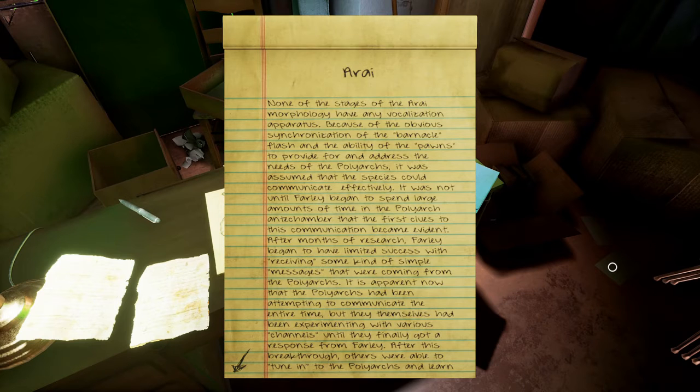After months of research, Farley began to have limited success with receiving some kind of simple messages that were coming from the polyarchs. It is apparent now that the polyarchs had been attempting to communicate the entire time, but they themselves had been experimenting with various channels until they finally got a response from Farley.